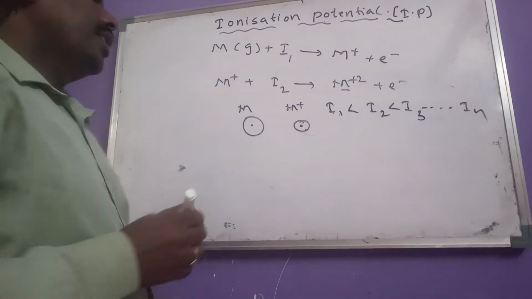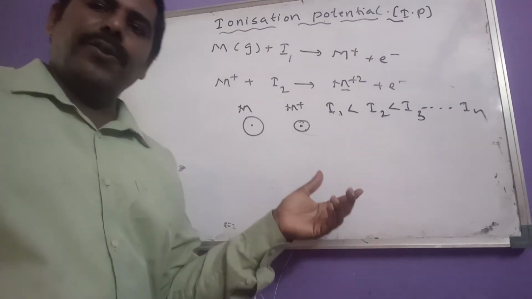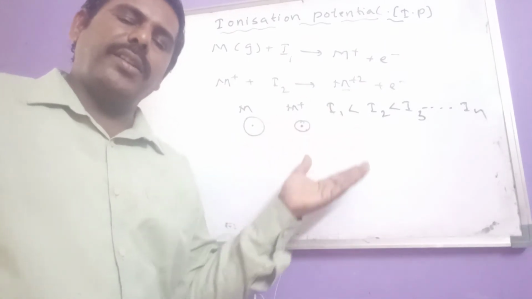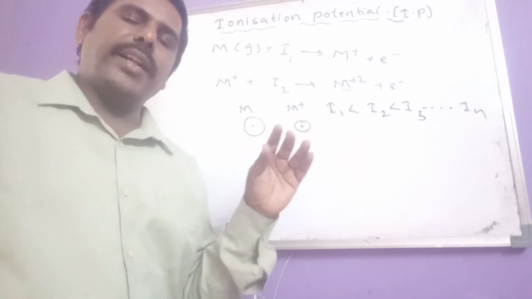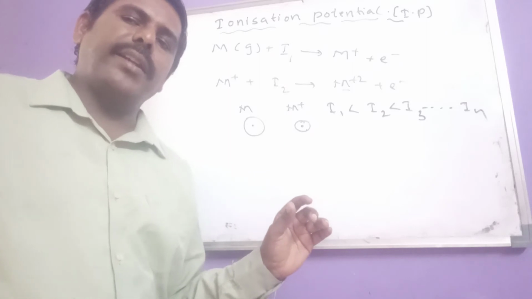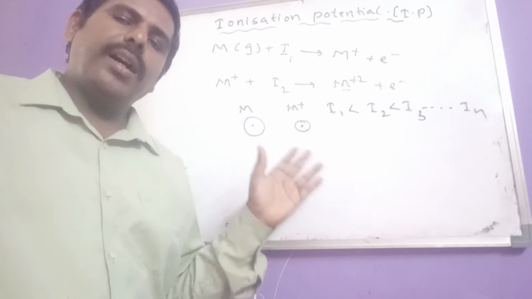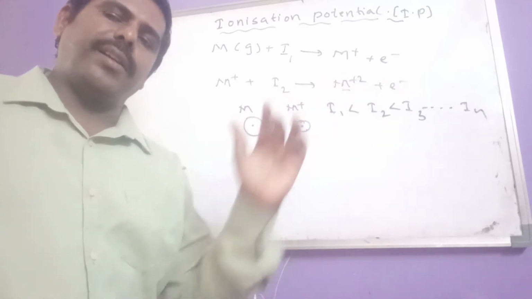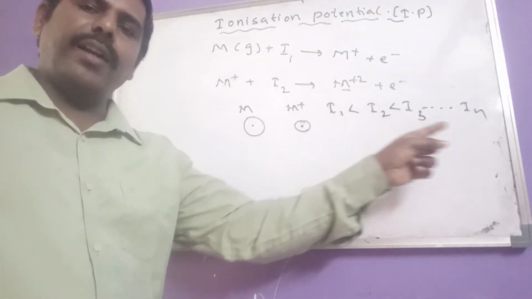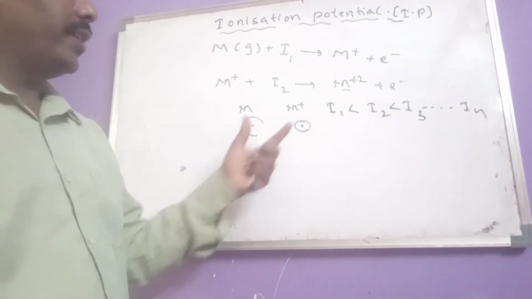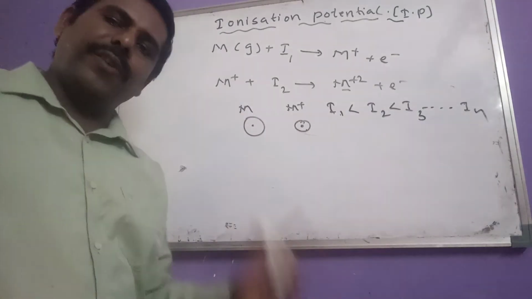With successive removal of electrons, the positive charge on the ion increases, the number of electrons decreases, and the nuclear attraction becomes more and more. So the IP values increase. So this is why the second IP is greater than the first IP.